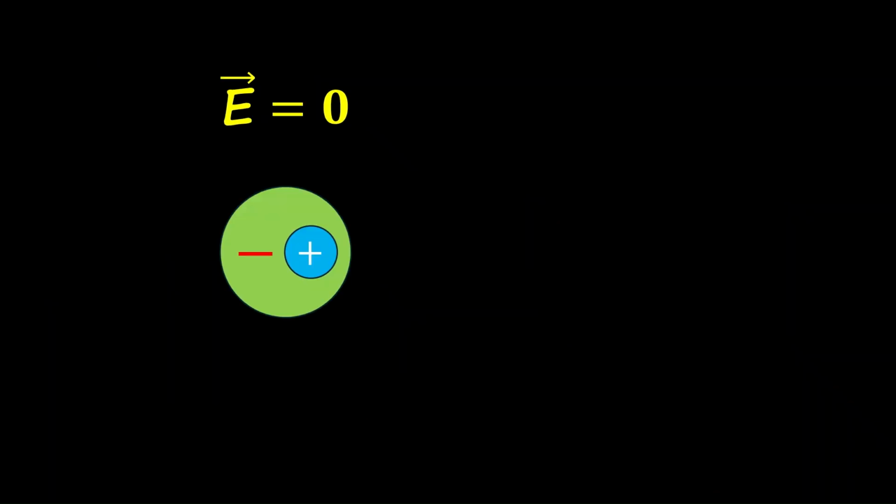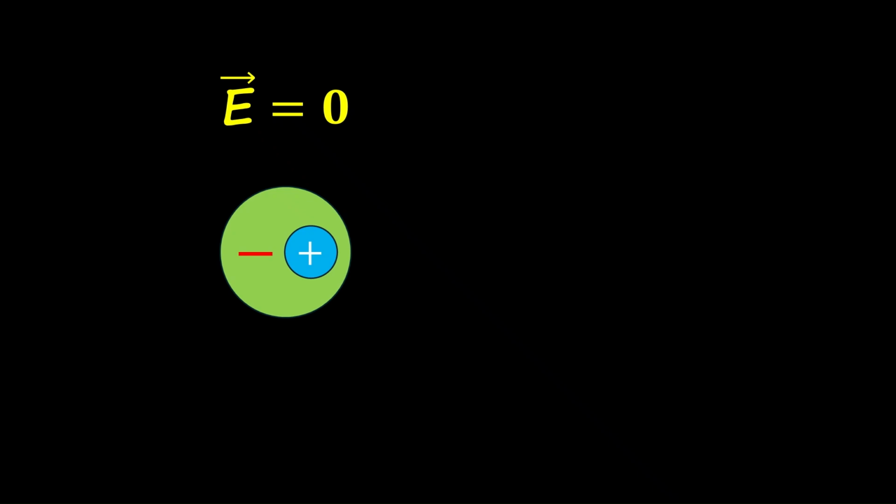If you consider an atom or a molecule in the absence of an electric field, then the center of the electron charge distribution and the center of the positive charge distribution from the nucleus will coincide. So it will not have any dipole moment.